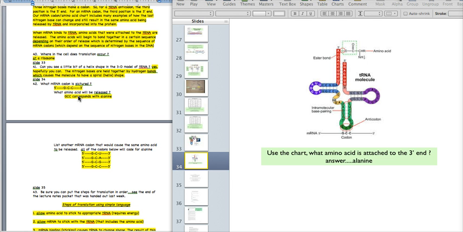Not only could GCC make alanine, but also GCU, GCA, GCG, all of those would make alanine. That's the wobble. That spot can be different things, but alanine would still be your amino acid attached up here, and alanine would still be your amino acid released out into solution.